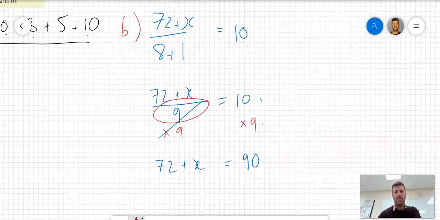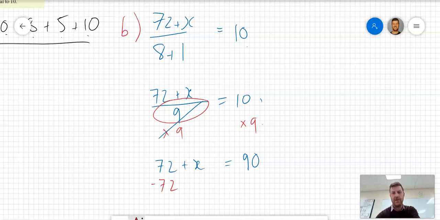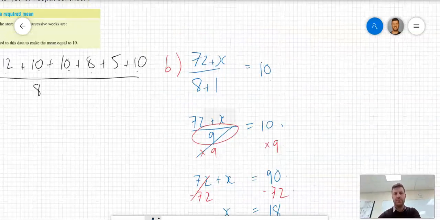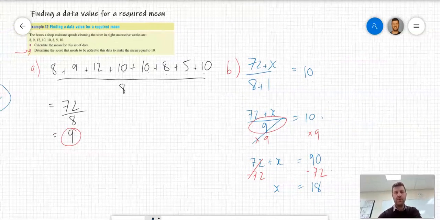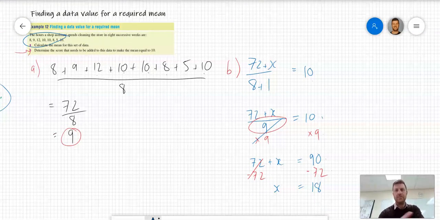What is that number? Let's solve that algebraically. Take away 72 from the left-hand side, and take away 72 from the right-hand side. I'm then left with X equals 90 take 72, which is 18. So the score I need to add to these scores to make the average 10 is 18.